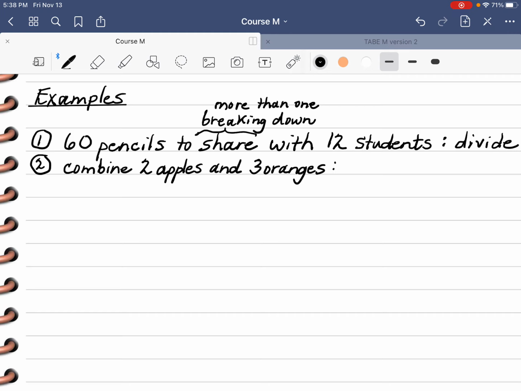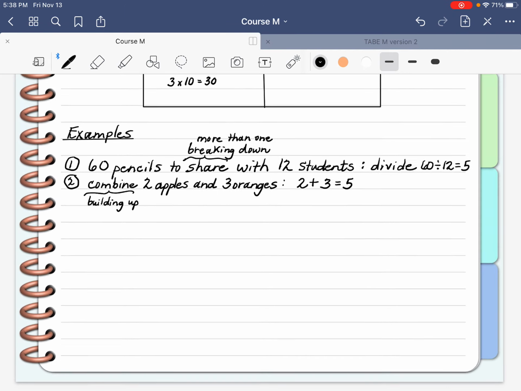So picture the basket and picture me putting 2 apples and 3 oranges in there. Combining is building up. So I'm saying 2 and 3. I'm only combining one time. That's addition. So there would be 5 pieces of fruit in the basket.